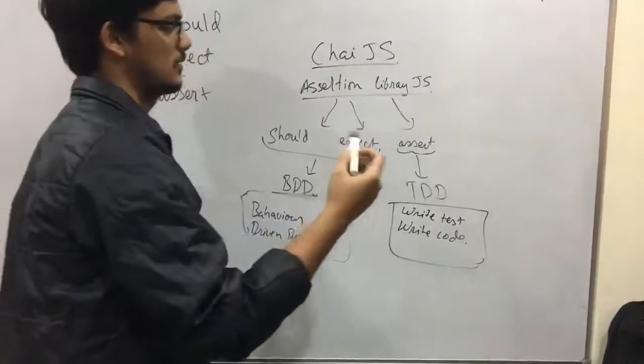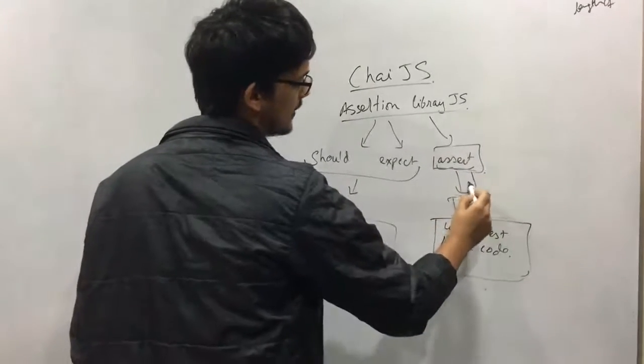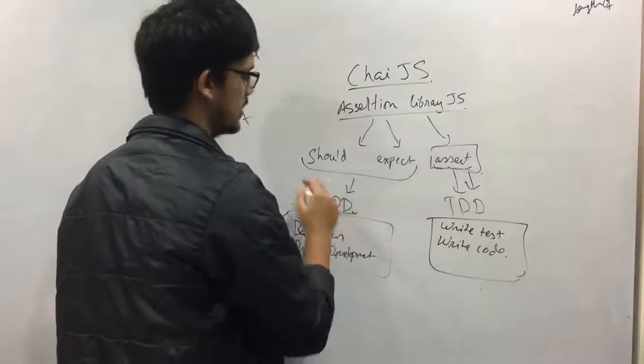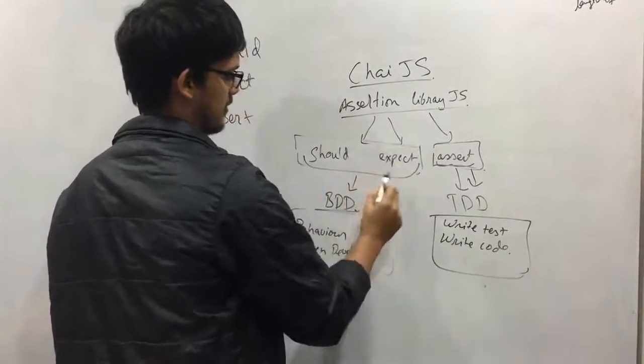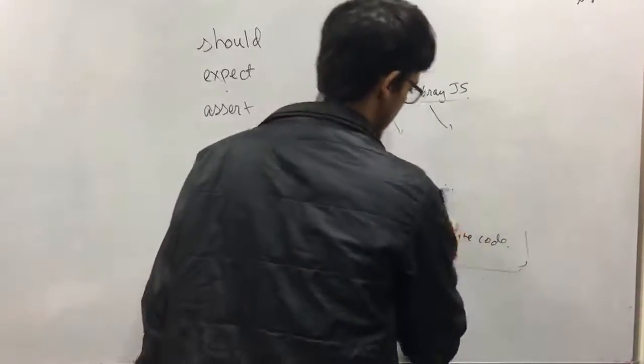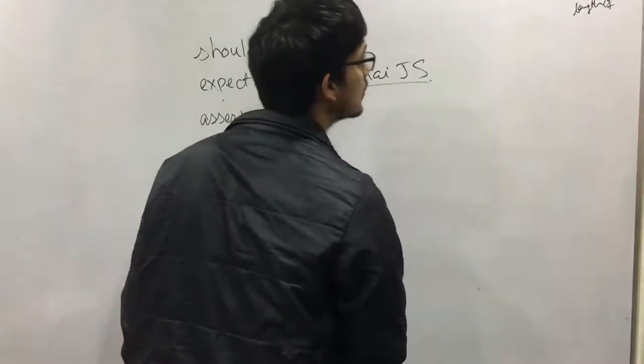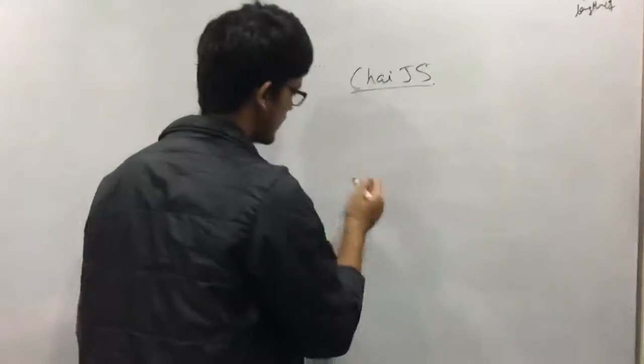So Chai.js gives you the function called assert to be used with the TDD style of development, and should and expect with the BDD type of testing. Now let's focus on what assert is. I'll give you an example of assert.